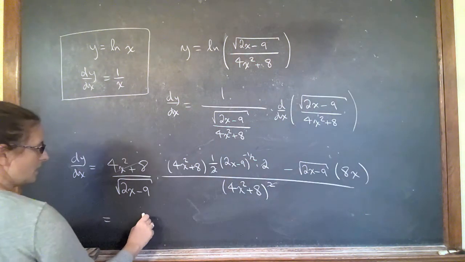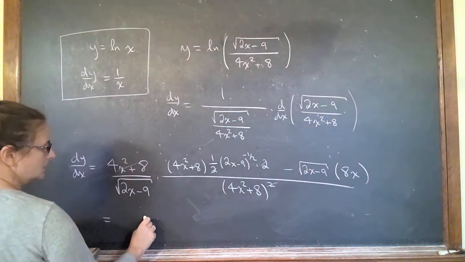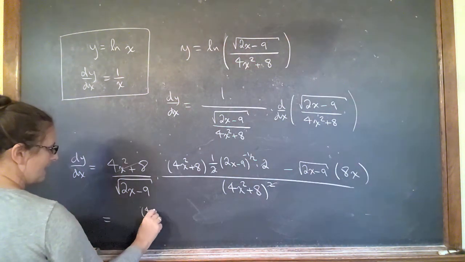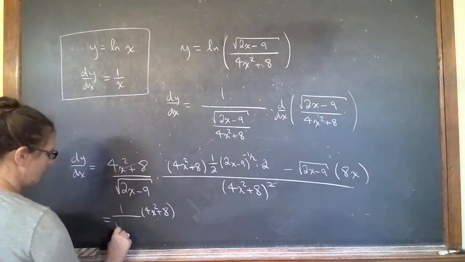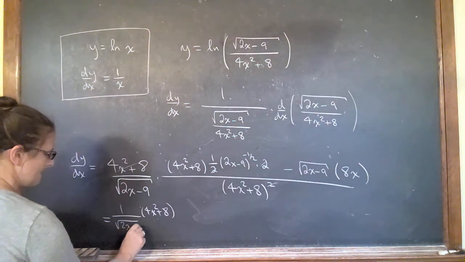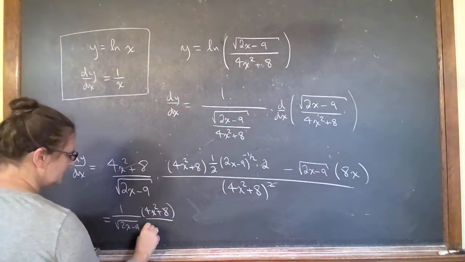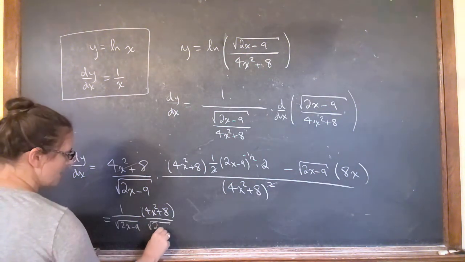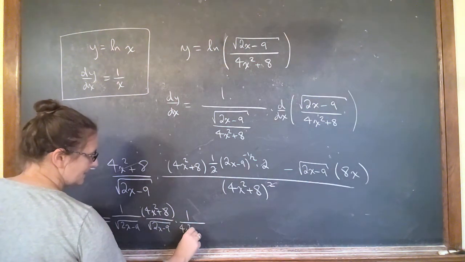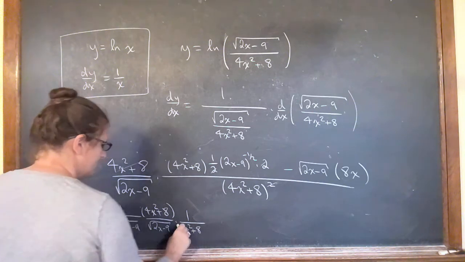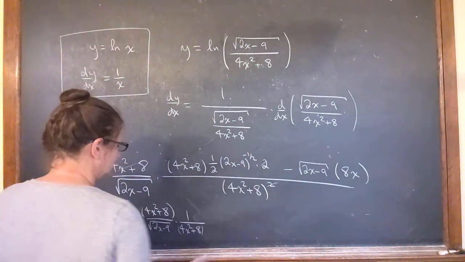The first part, I've now got 4x squared plus 8. I've got 1 over this guy, and then 4x squared plus 8 with this guy in the bottom, and then this guy here, right? So that's this piece.